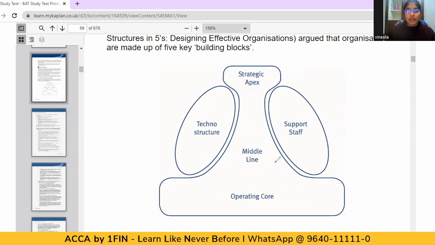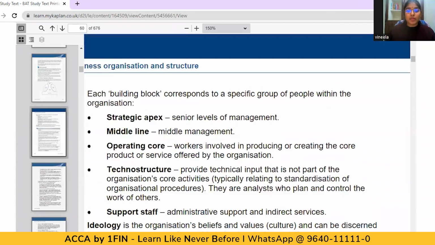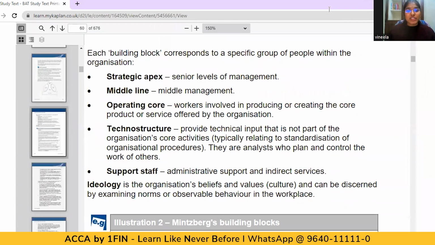So let's see about each and every building block and who are the part of this block in the organization. As I have mentioned here, each building block corresponds to a specific group of people within the organization. Of course, every building block has a group of people who will be there in that block and different tasks they will perform.